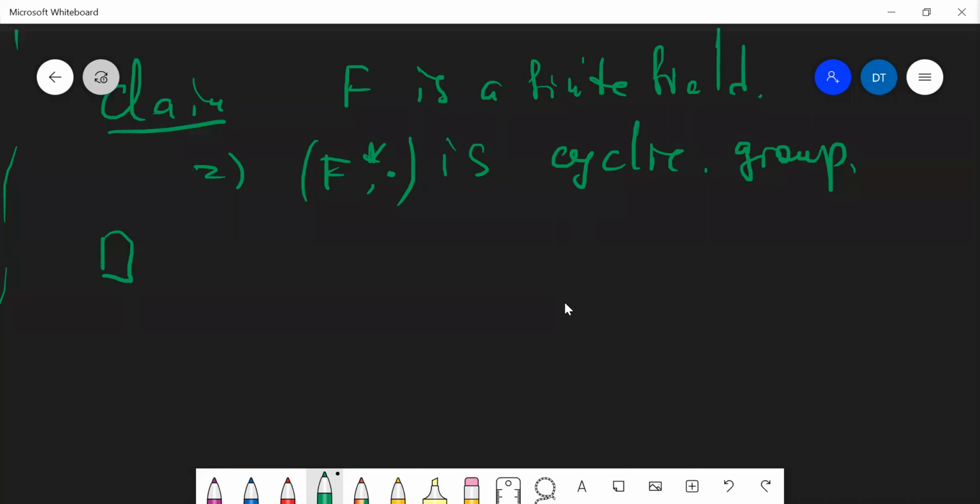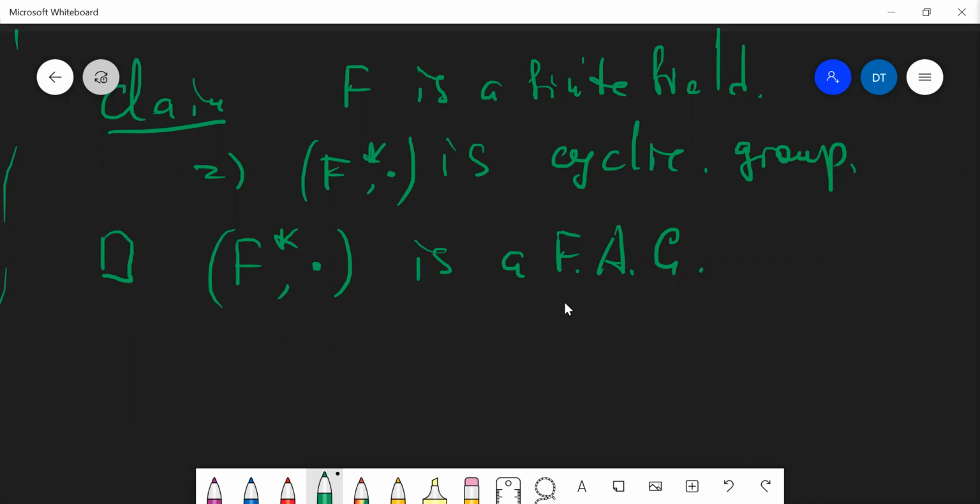Okay, let me show you how to prove this. Well, first of all, this is a finite abelian group. Why? It's an abelian group because multiplication is commutative, and it's finite because you have one element less than in a finite field.